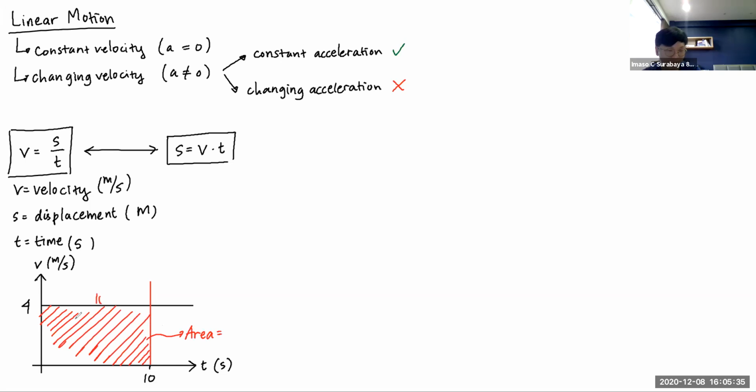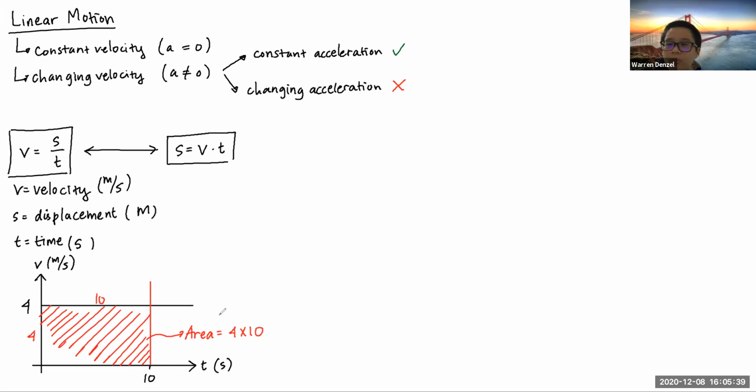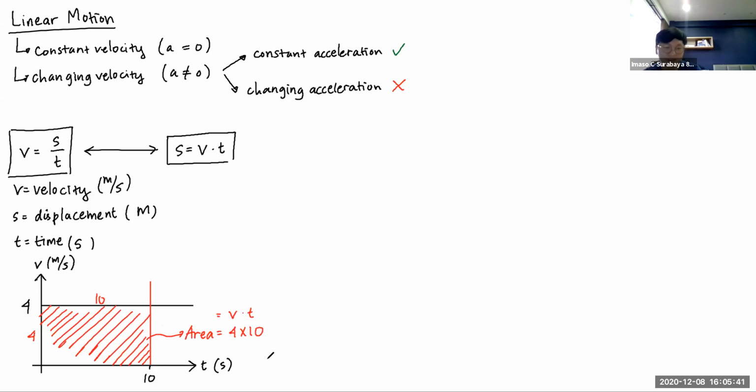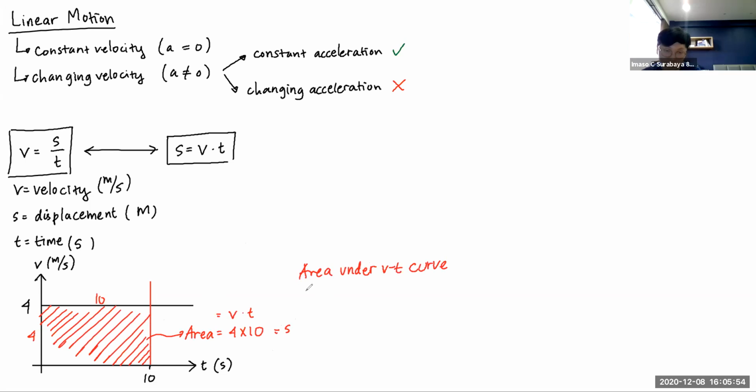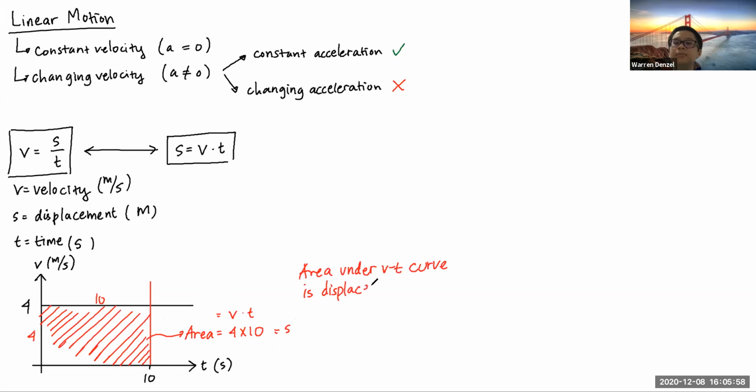And the area is also equal to the displacement, s. Because this is actually v times t, right? So the area under the v-t graph is s, the displacement.